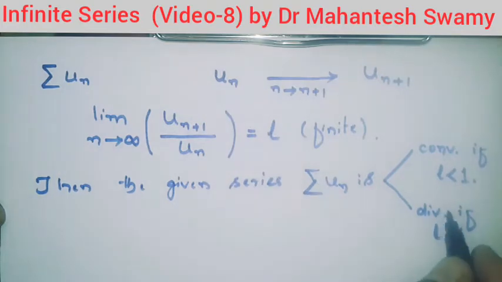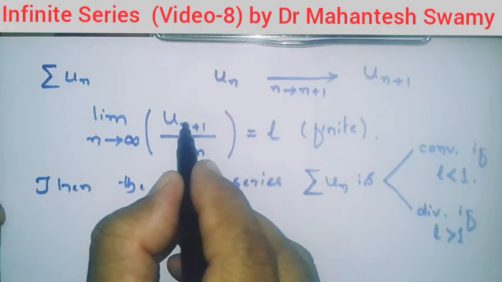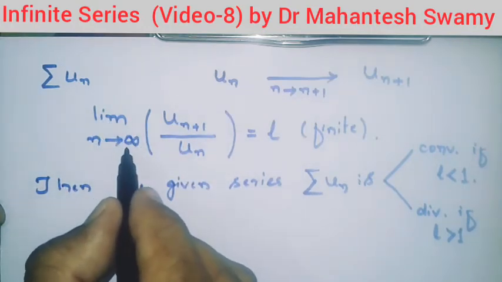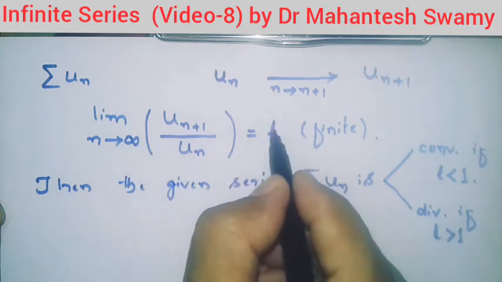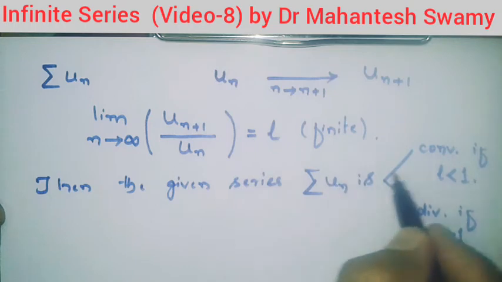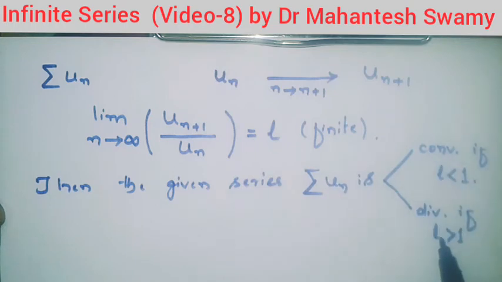This is very easy to remember. We take un plus 1 divided by un and apply the limit as n tending towards infinity. Get the answer. If the answer is less than 1, say that the series is convergent. If the answer is greater than 1, say that the series is divergent.